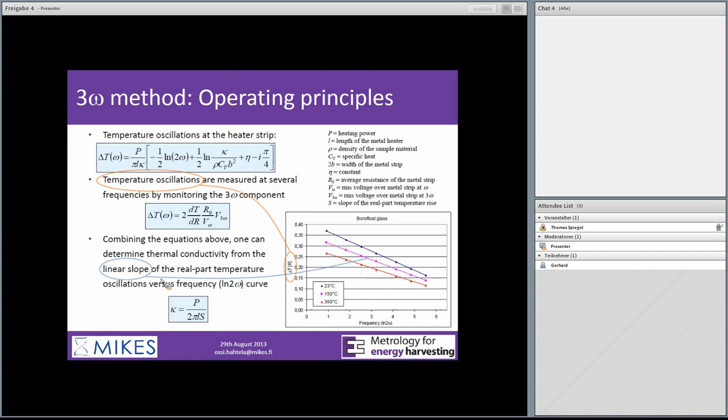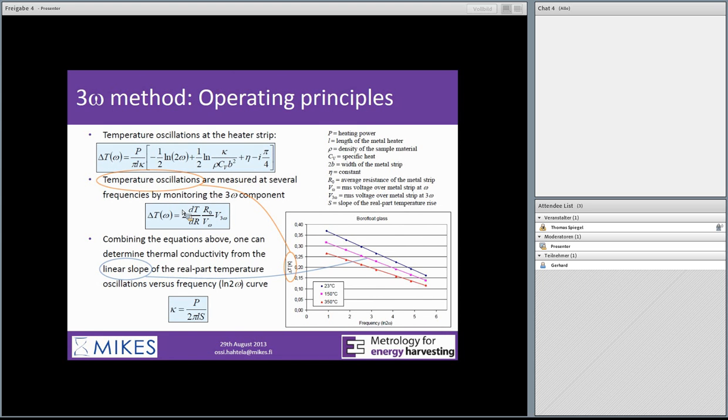The temperature oscillations can be measured by detecting the third harmonic voltage component, and in practice you measure this 3 omega voltage at several different frequencies. And as you can see in this figure, which illustrates the porphyroid glass sample measurements at 3 different temperatures, there's nice linear behavior of the temperature oscillations as a function of frequency.